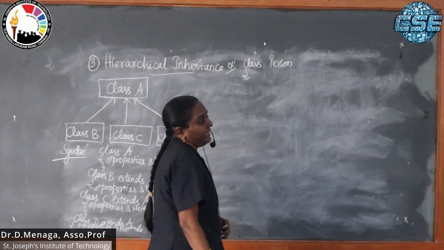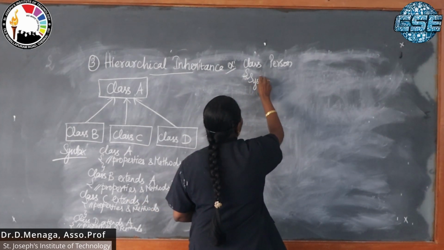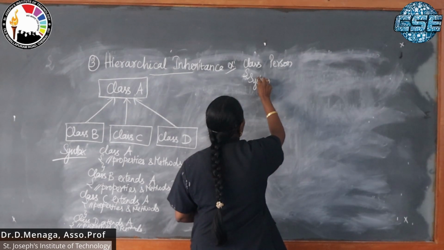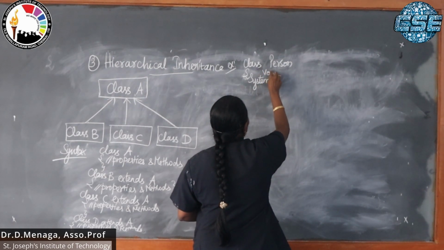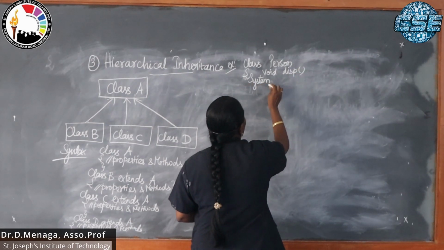We have a base class called person, and then the method called display of.